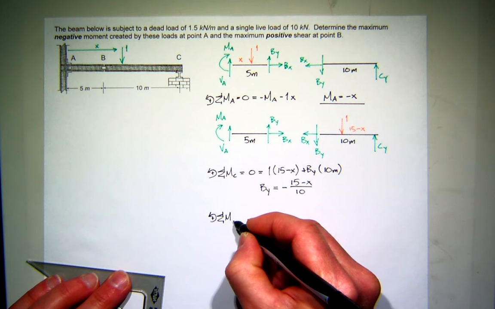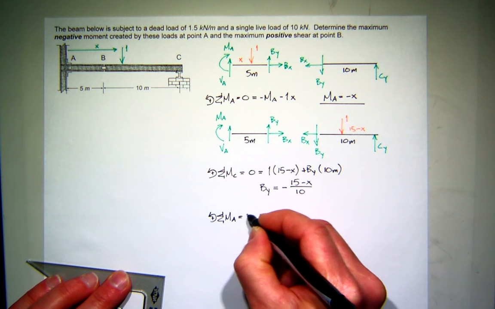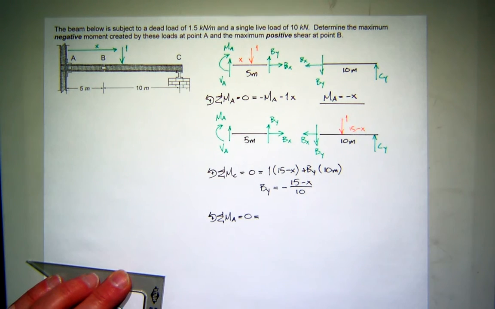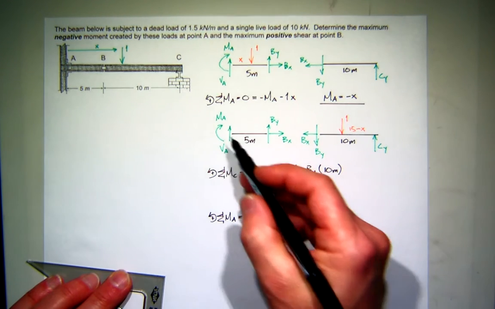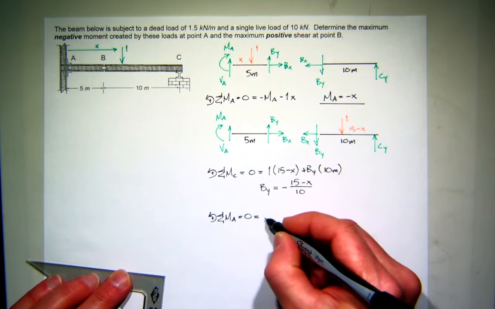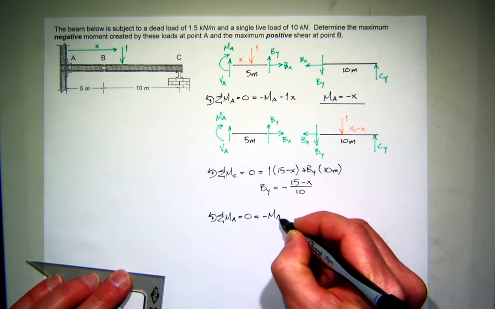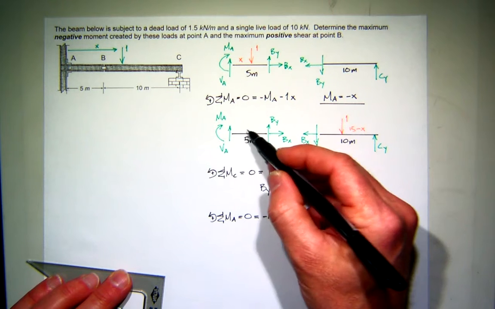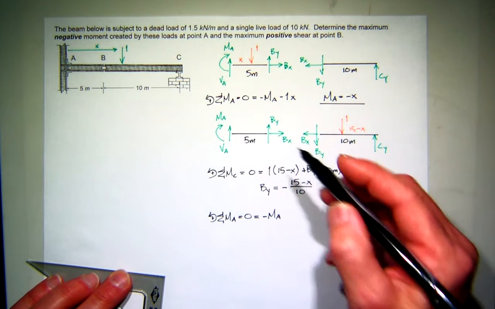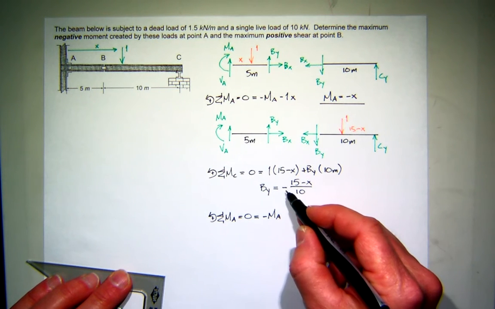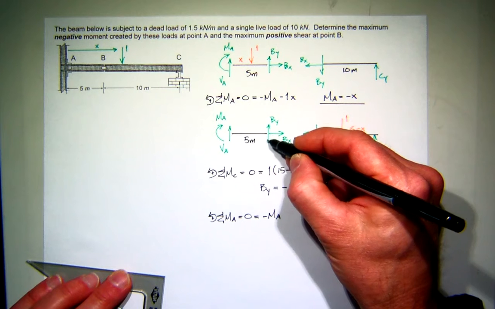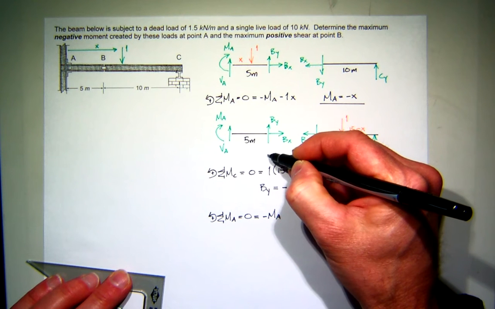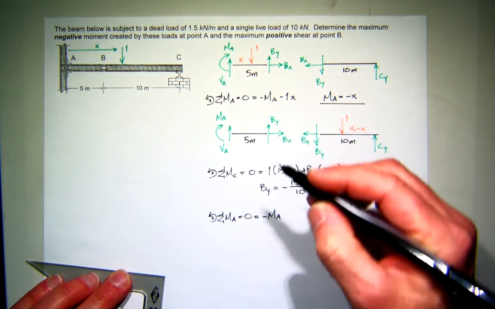about A. You guys following along? Okay, so with some moments about A, in that case I have the moment at A I'm looking for. No load this time because it's over here. And I just have By. Now remember, By came out negative, so it's actually going down. So that creates negative moment.